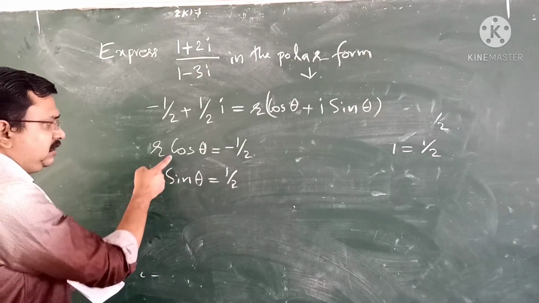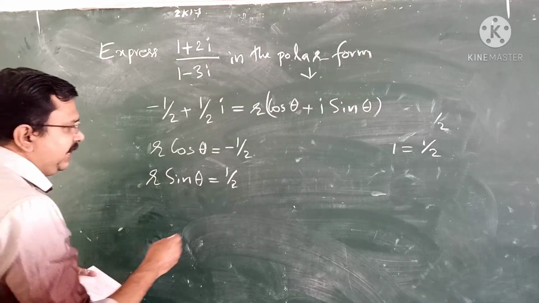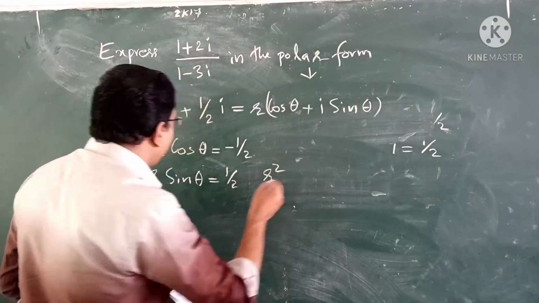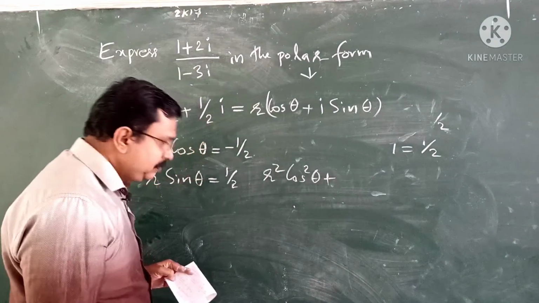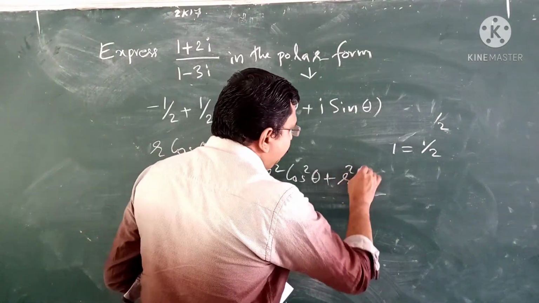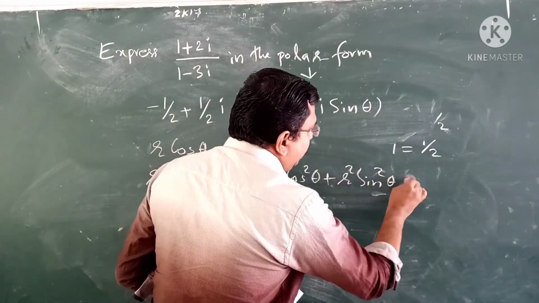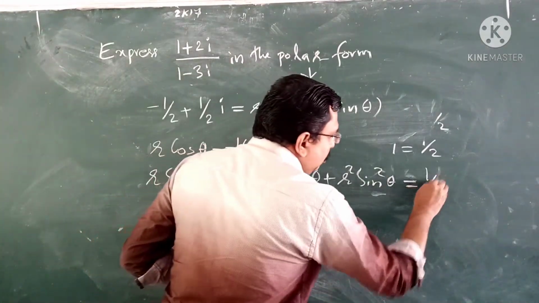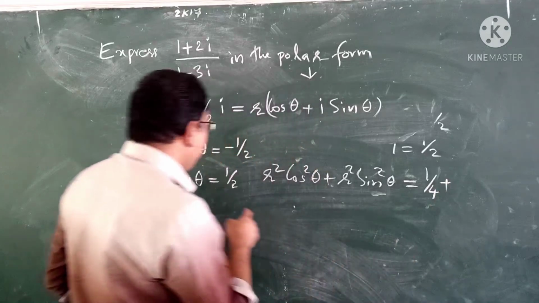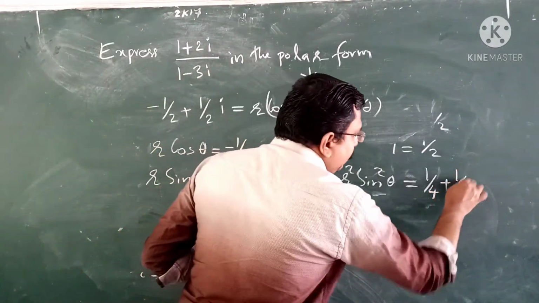Squaring and adding these two equations, then we will get r square cos square theta plus r square sin square theta equal to minus 1 by 2 square is 1 by 4 plus 1 by 2 square is 1 by 4.